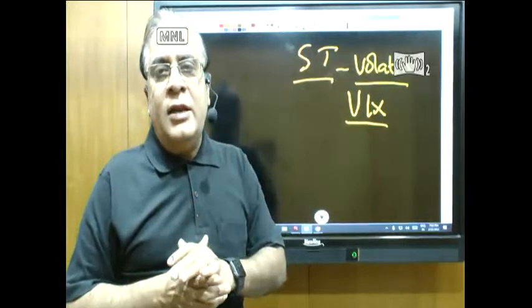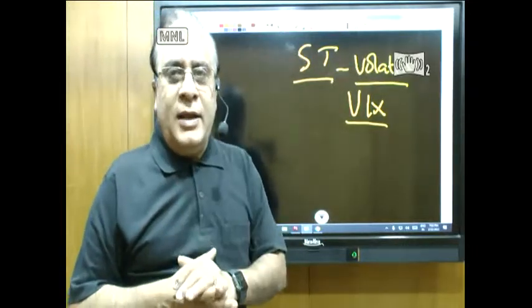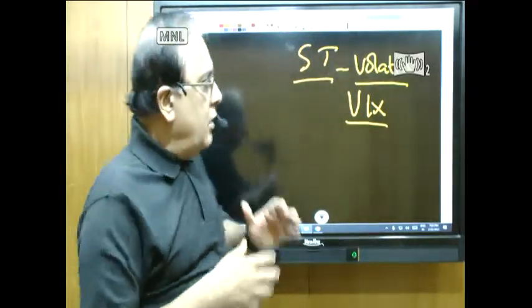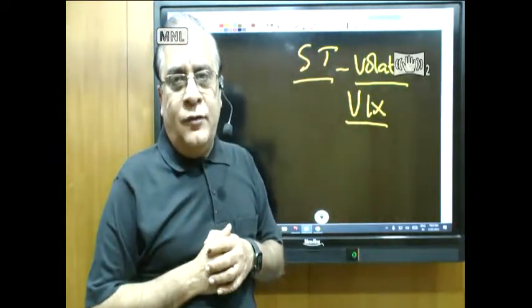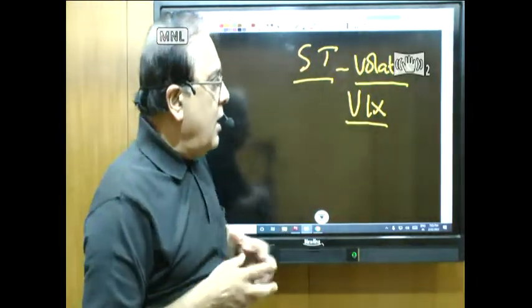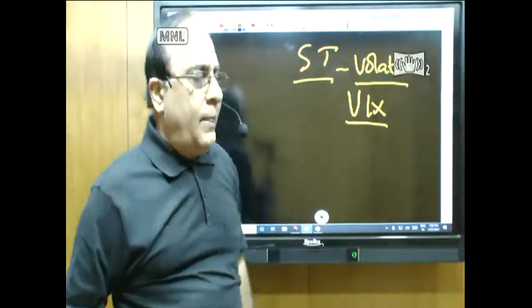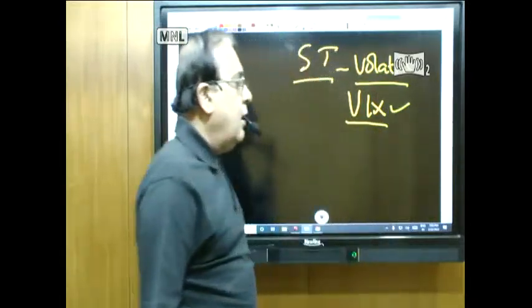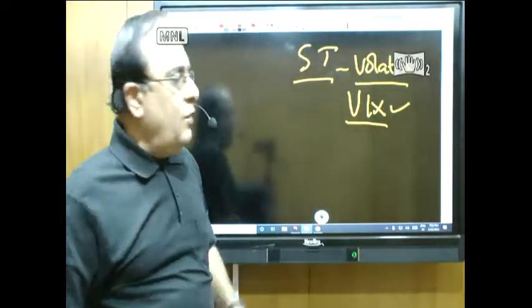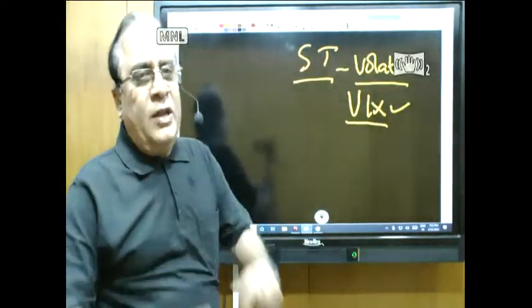Because at the money volatility can be different, in the money can be different, out of the money can be different. So this has a calculation of the various option premiums of different strikes and gives what is called the VIX. So this is one parameter, that is, volatility is measured through VIX.